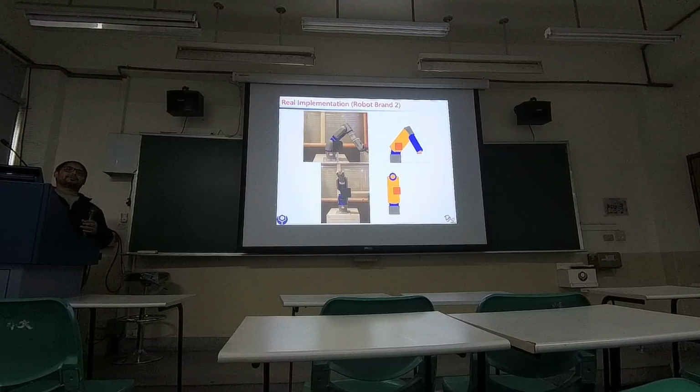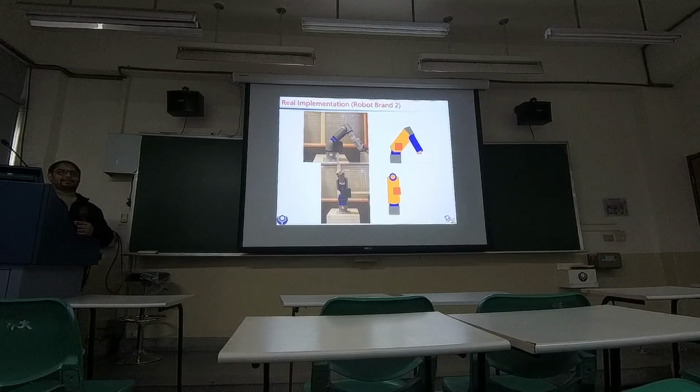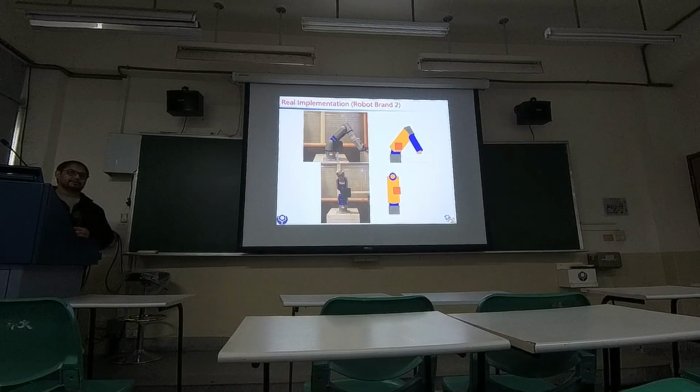So it was for the generation of trajectory replanning when a certain obstacle comes in between the robot path. But what about the second part, human motion recognition?